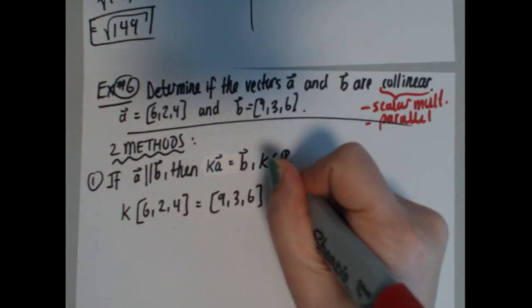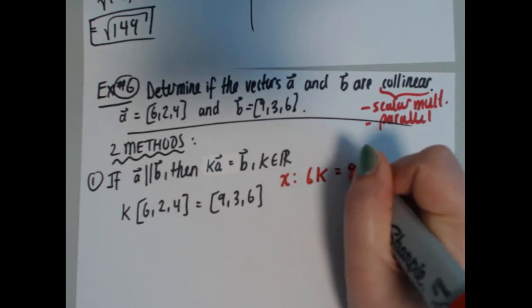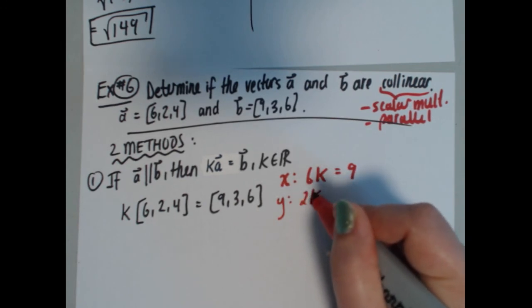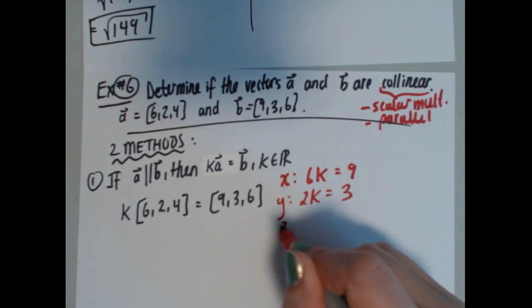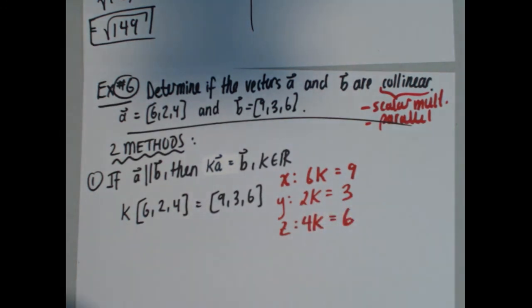So if we look at the X dimension, I can see that 6 times K is equal to 9. If I look at the Y dimension, I can see that 2 times K is equal to 3. And if I look at Z, I can see that 4 times K is equal to 6. So that's really why I stuck K on the left, because it's easier to figure out a K value such that your number gets bigger, for me anyways, compared to if it's getting smaller.